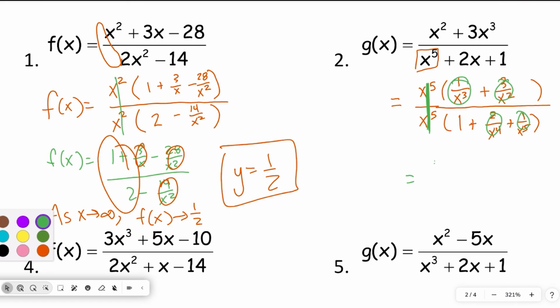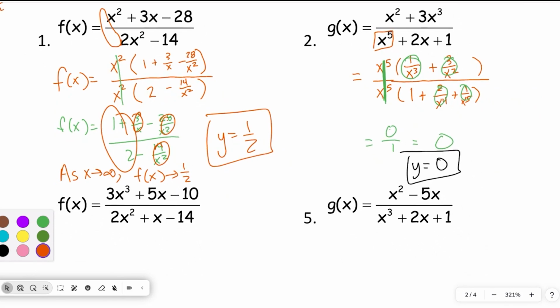And so this whole thing is just going to get closer to 0 over 1, which is 0. And that will happen every time the degree on bottom is bigger. All right, so yeah, the horizontal asymptote here would just be y equals 0. Any questions so far?